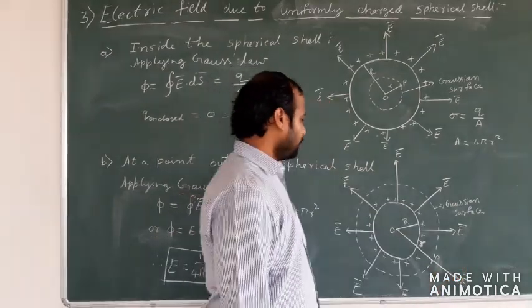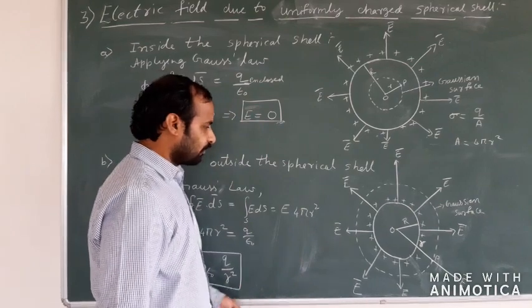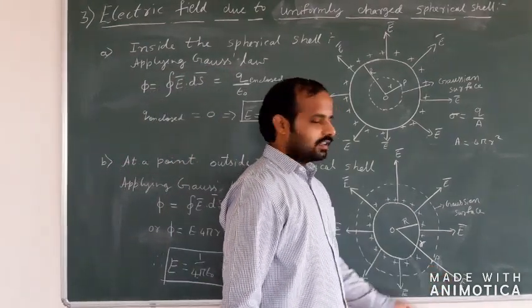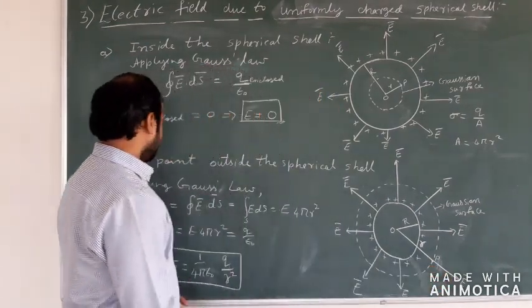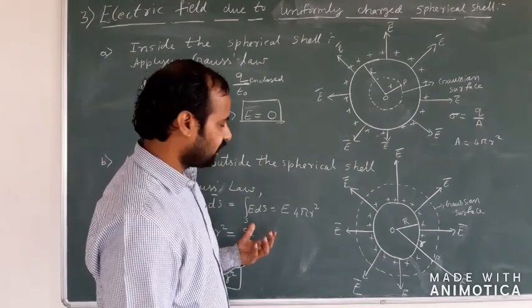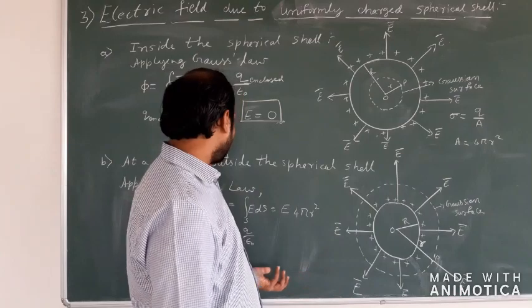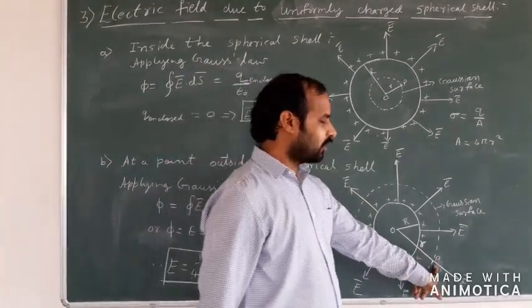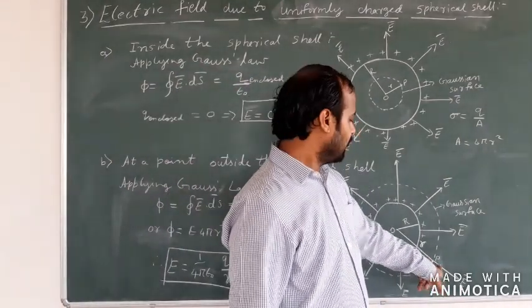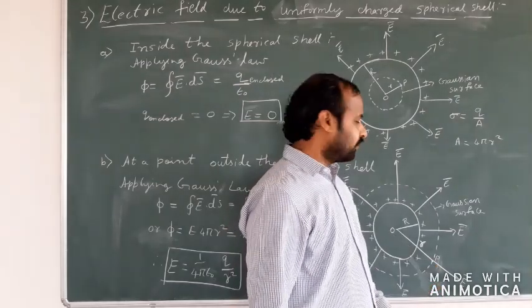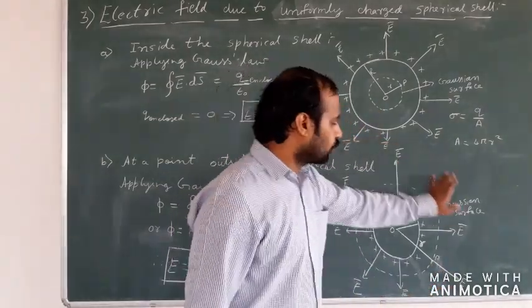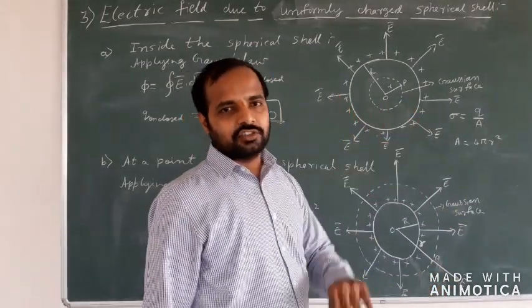So at this point, if I find the net electric flux, it will be given by dφ = E·dS = dq/ε₀. But here, since I have to find the total electric field at the point P, we can take the total electric flux through the Gaussian surface.